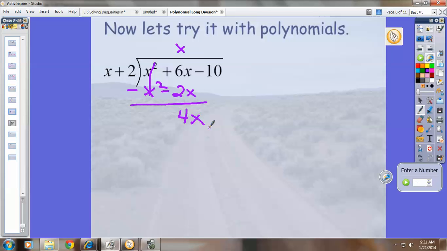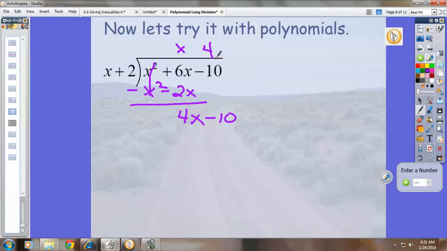What did we do next? Brought it down. So bring down your minus 10. So how many times does x go into 4x? Or you could divide. You could take 4x divided by x, which is 4. So I'm going to put 4. So now what do we do?